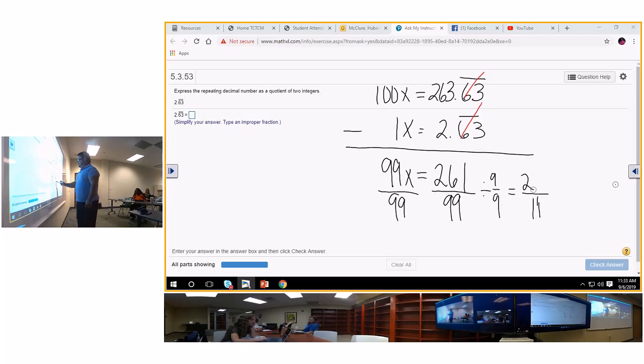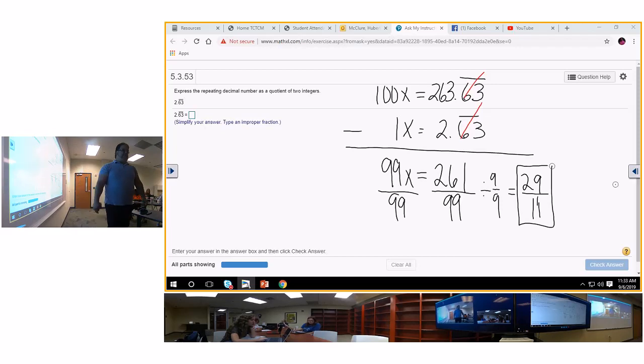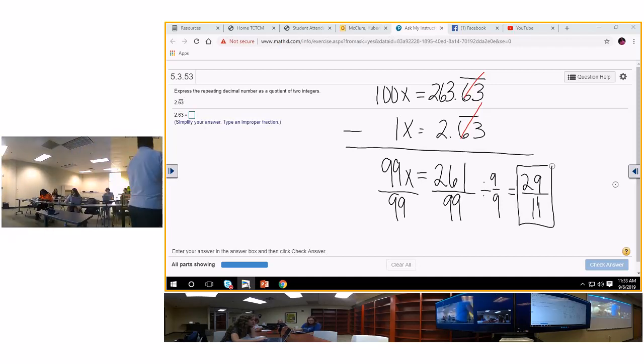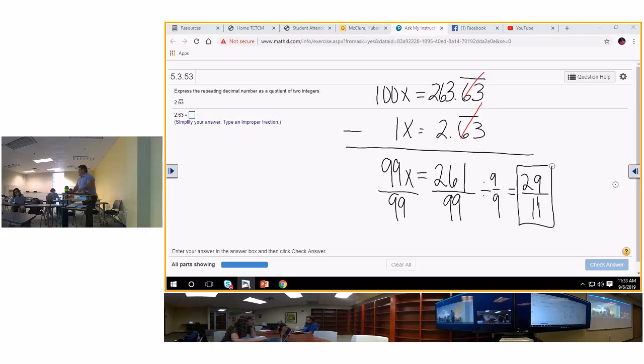That's 18. 18 from 26 is 8. 81. I got 29 over 11. Now what is that? Well, take your calculator and divide 29 by 11. What happens when you divide 29 by 11? You get 2.63 repeating.